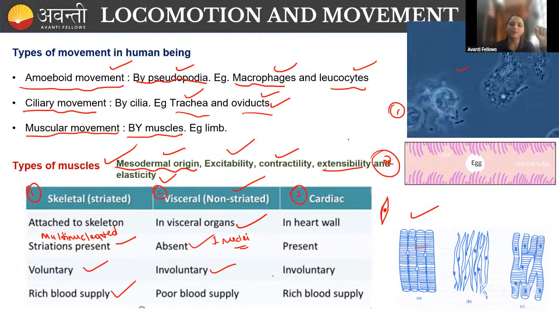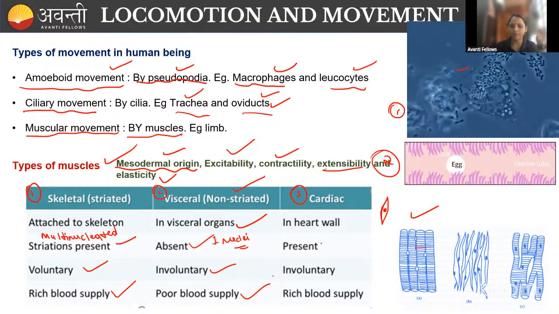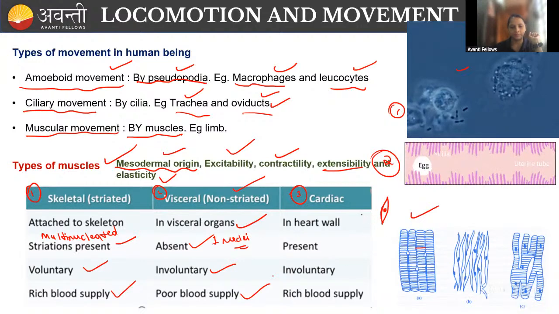We would just eat and throw the food into the tubes. So this is not under our control. It is involuntary, and it has poor blood supply compared to skeletal muscle.